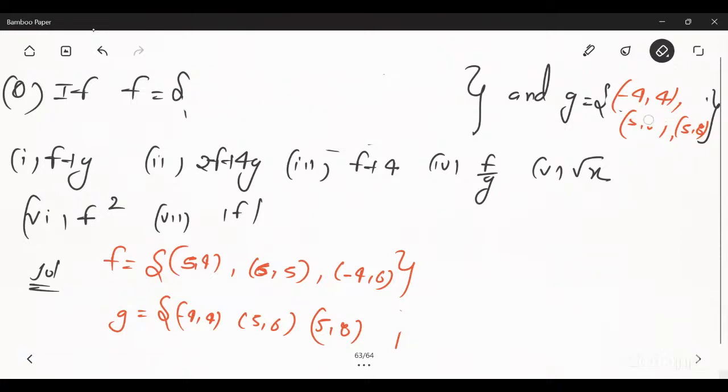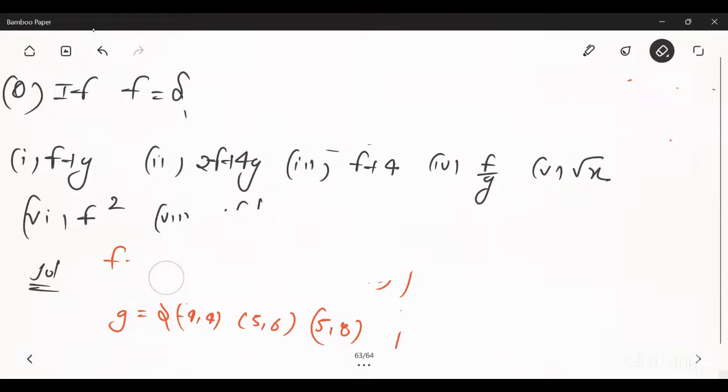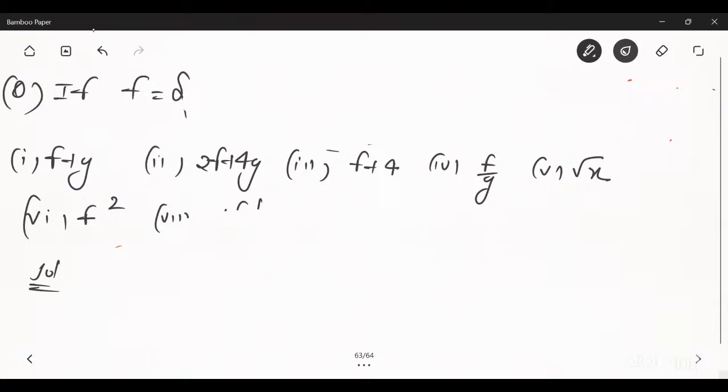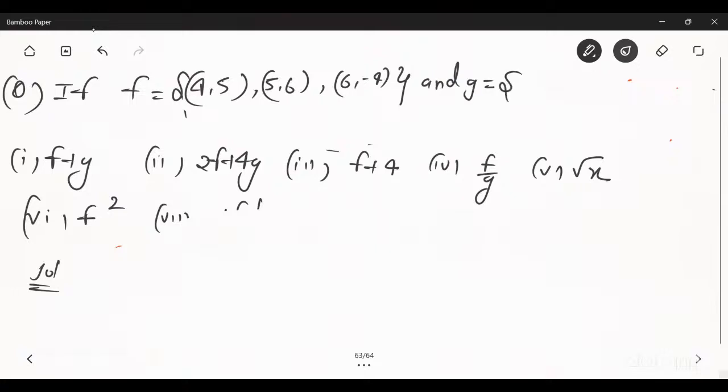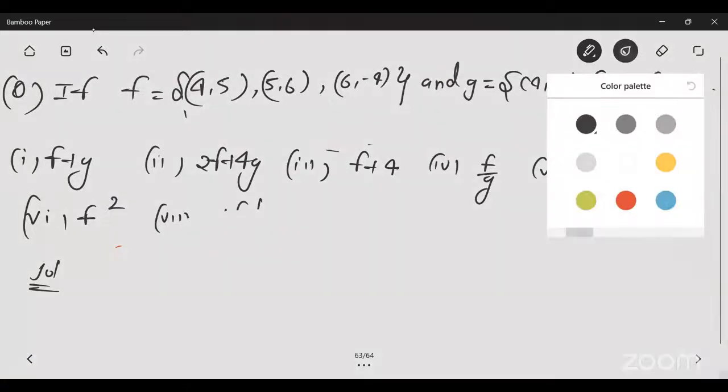The question is f is equal to {(4, 5), (5, 6), (6, minus 4)} and g equal to {(4, minus 4), (6, 5), (8, 5)}. I had not seen that the domain is given.